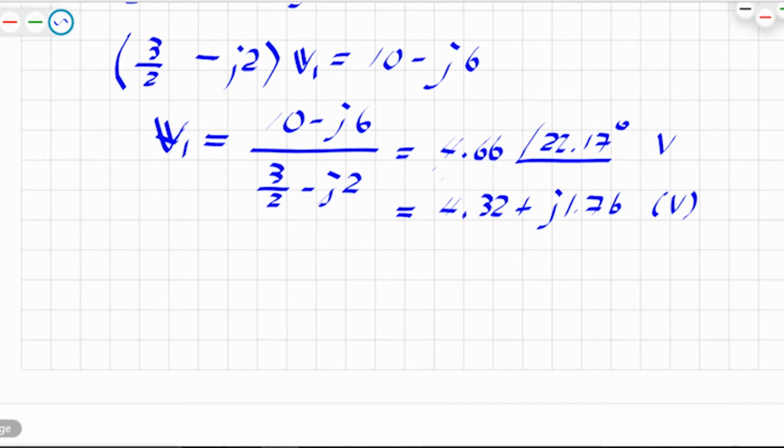So therefore, V2 is equal to, remember we obtained V2 is equal to 4V1 minus 24. So you can see now we multiply 4 to the real part and imaginary part.